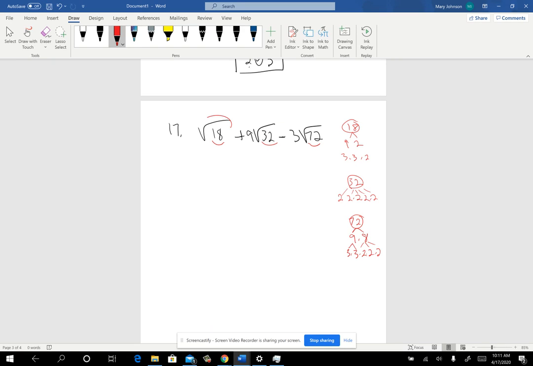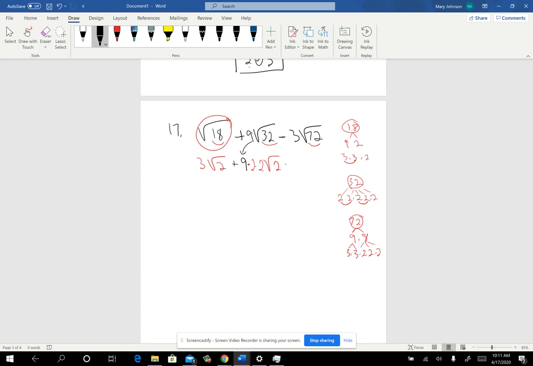So let's work on that. The 18 right here, since there's a pair of 3s, would be a 3 outside and a 2 underneath. Now these other two are a little tricky, because see that 9 that you had already? That's already there outside. Now you're looking at your 32 and you're seeing that you've got 2 pairs of 2s. So you're going to be able to bring out a 2 and another 2, but there'll be one 2 trapped underneath.